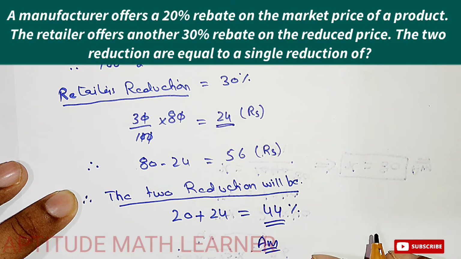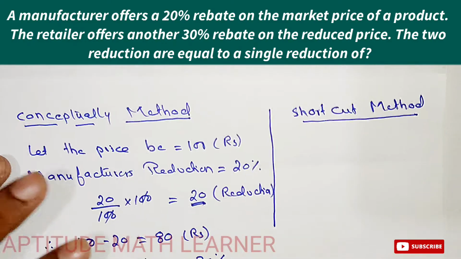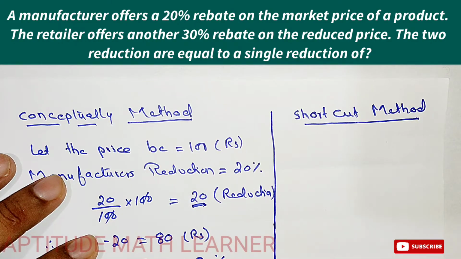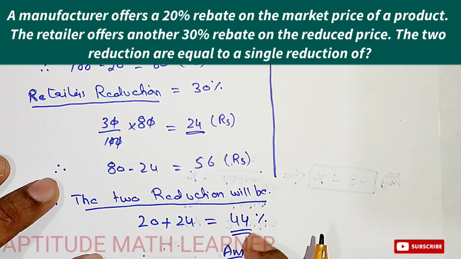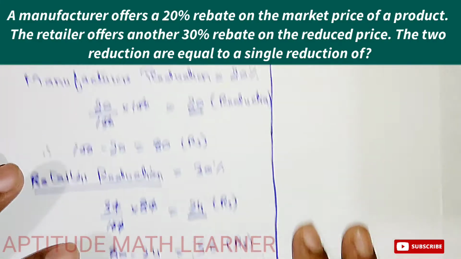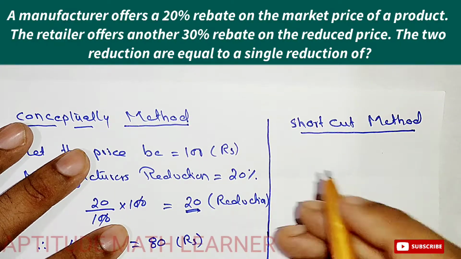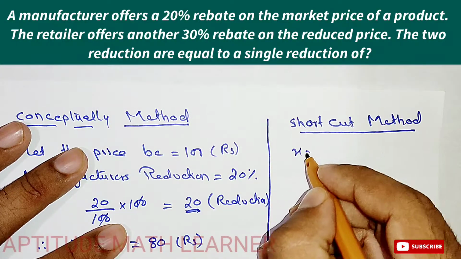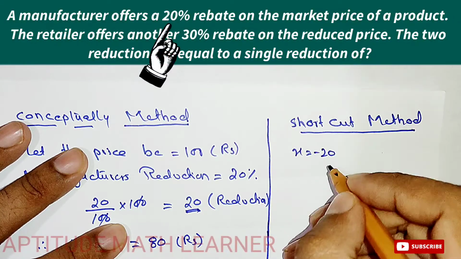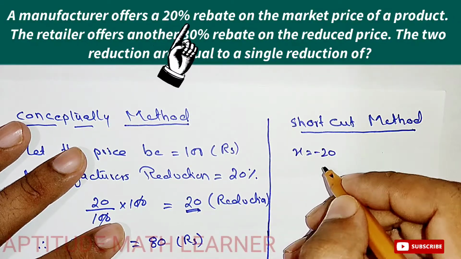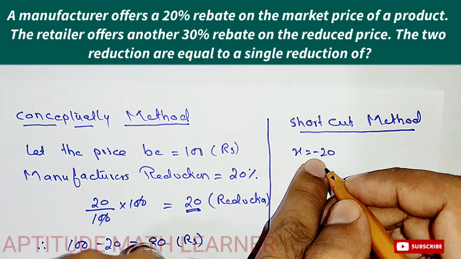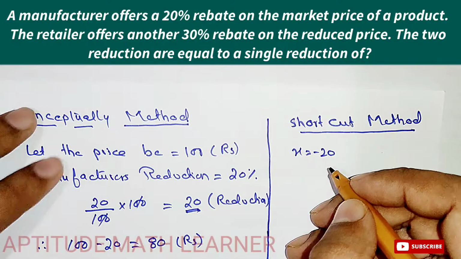I hope till here you have understood. And now the shortcut method: here also we get the same answer, 44. Let's suppose there are two reductions. We take x equal to minus 20, where the minus represents the reduction, and this 20% reduction is by the manufacturer.